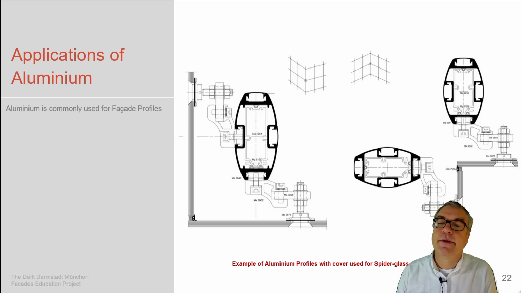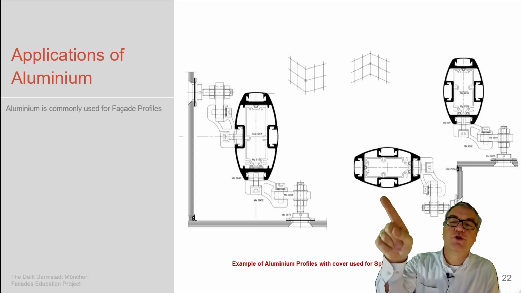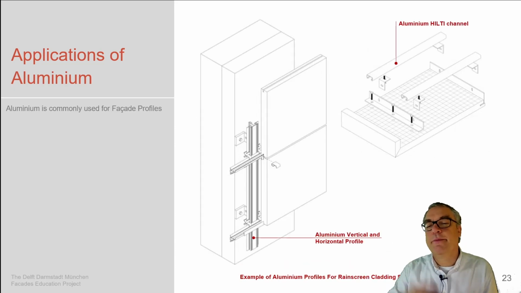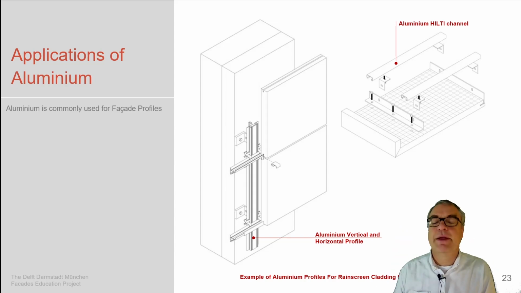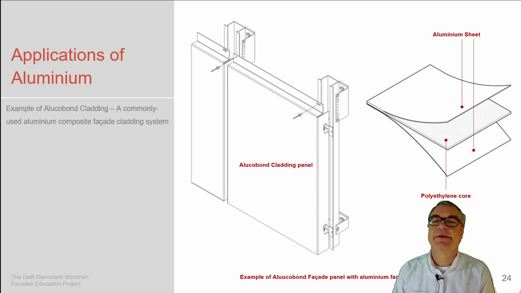This is a glass spider connecting device, which again shows very sharp profiles to be used. Or this one as a rail system at the back of an outer cladding system, whatever cladding is expected, or maybe even as a cladding.